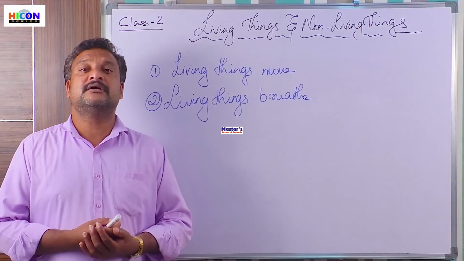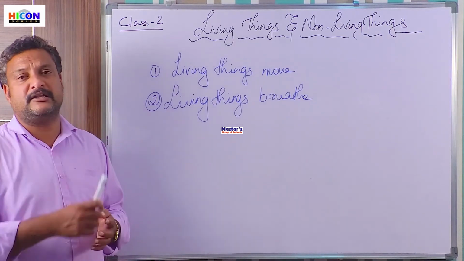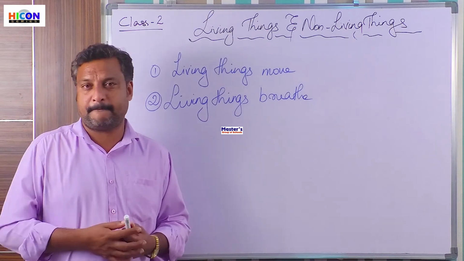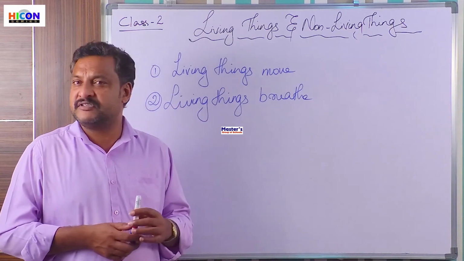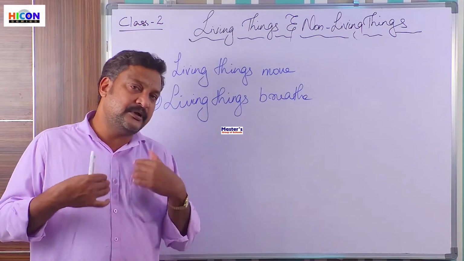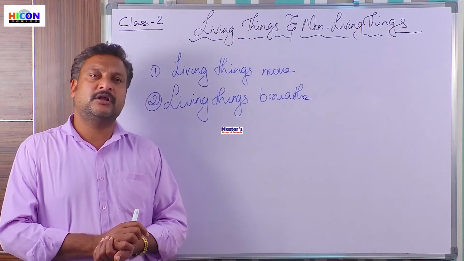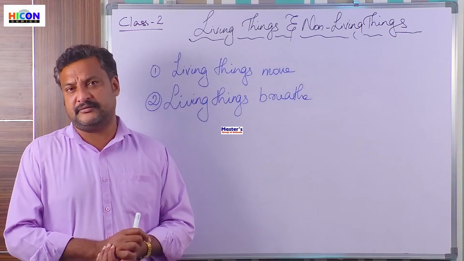What is it called? Gills. And the aquatic animals usually breathe through the gills. So all animals have this speciality that they breathe in oxygen and breathe out carbon dioxide. So all birds, animals, insects, everything breathe.